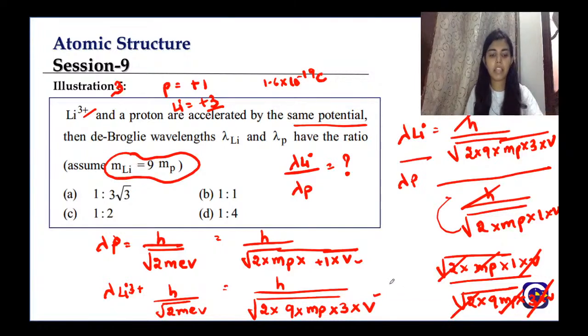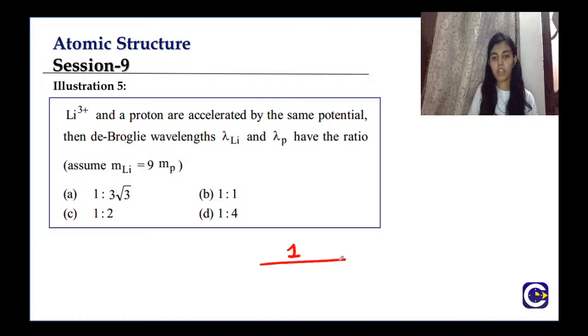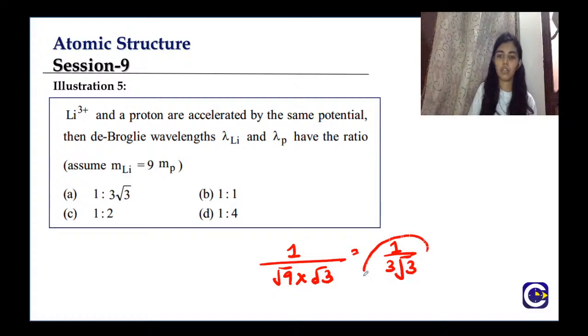You are just left with 1 upon root 9 into root 3. Root 9 we know as 3, so this will be 1 upon 3 root 3. So this is how you can get this particular answer. All of you who have given the answer as A are very much correct. The answer for this particular question is A.